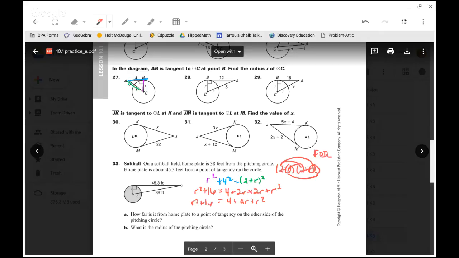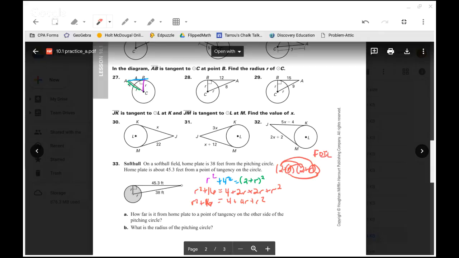Now here's the difference between this one and the other ones that we had to do the quadratic formula on. On this one, you have a positive R squared on the left, and then on the right-hand side, you have a positive R squared again. So we're going to have to move one from one side to the other.